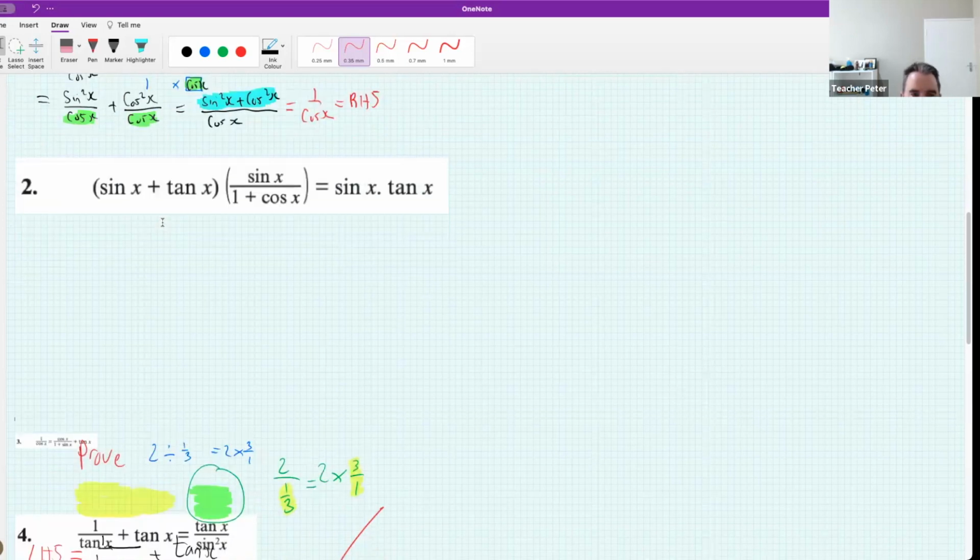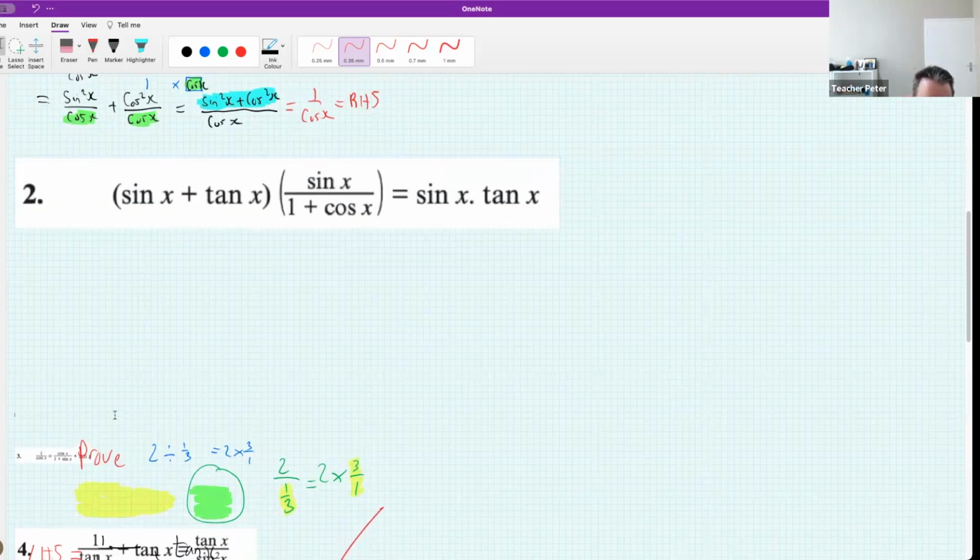What should I start with for number 2? Which side? There's always going to be a choice between 2 sides. You need to decide which side we start with.